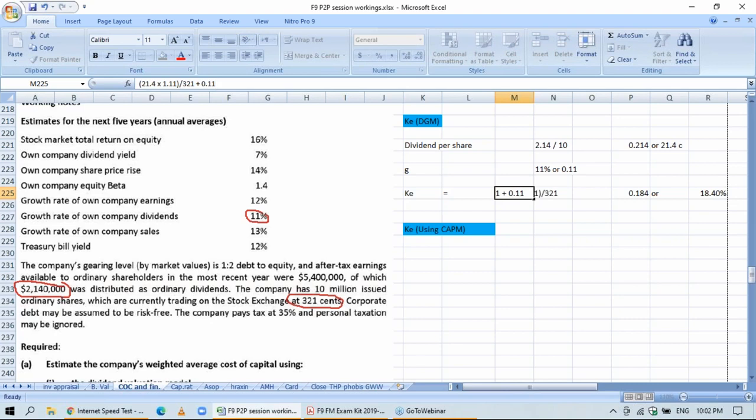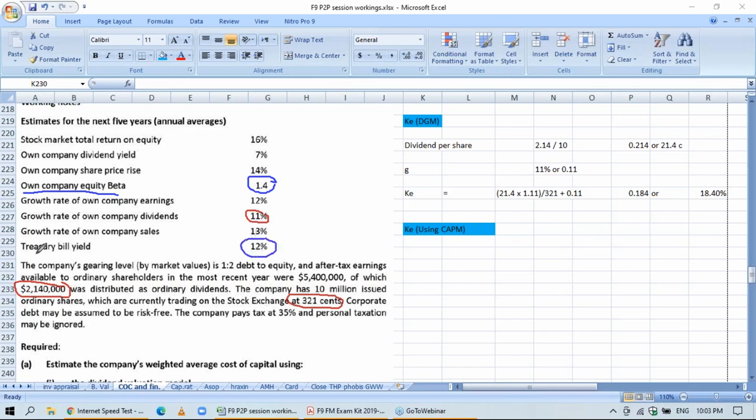Okay, so using the capital asset pricing model, let's look at the plug-in figures first. The beta is own company beta. This is 1.4, and then the risk-free rate.